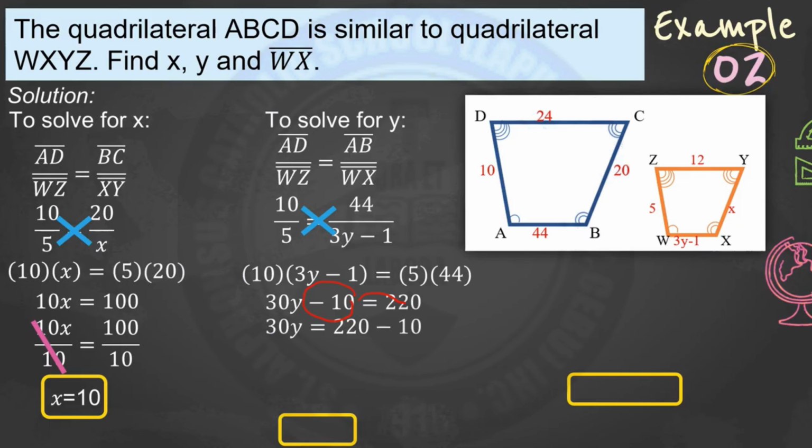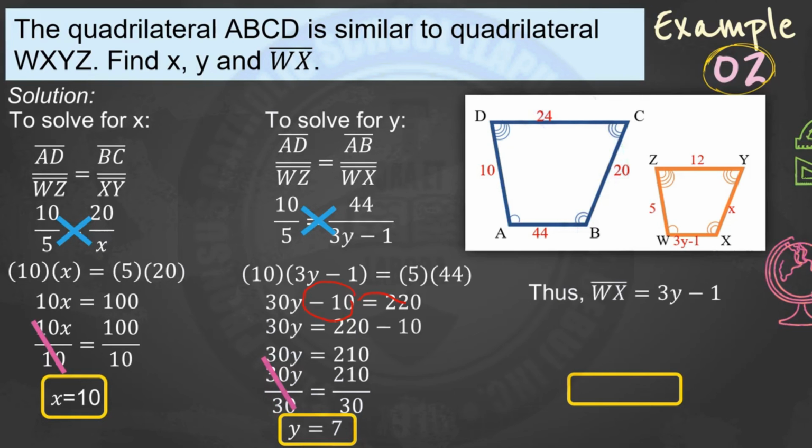Then simplify. So it gives us 30y equals 230. Then divide everything by 30. Therefore, the value of y is equal to 7.